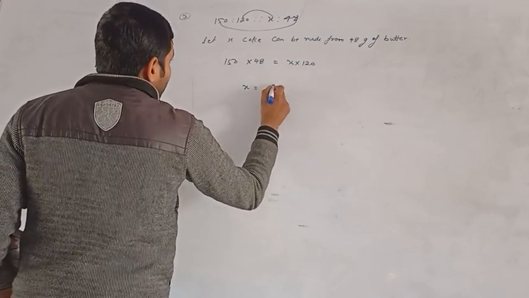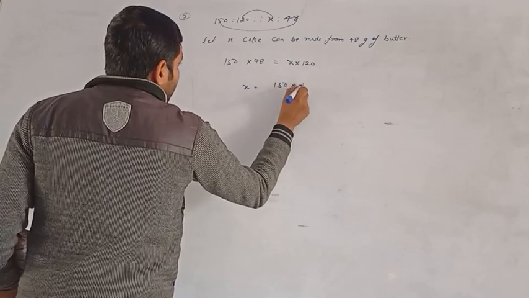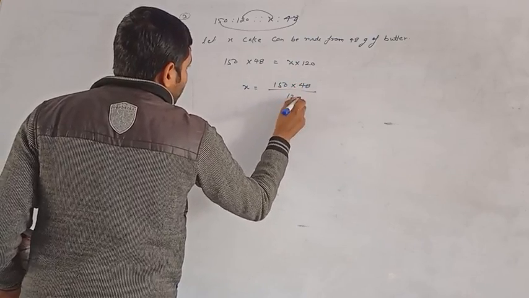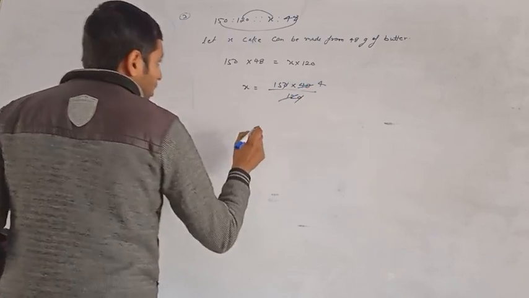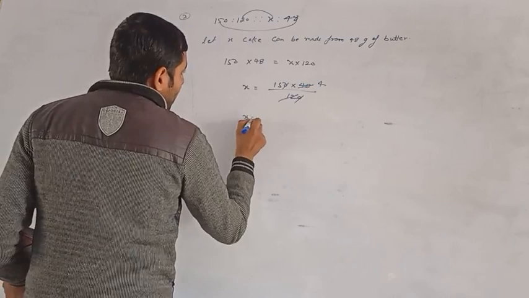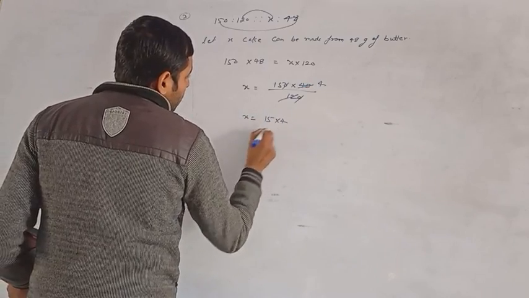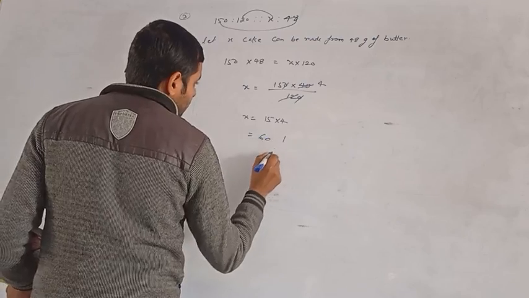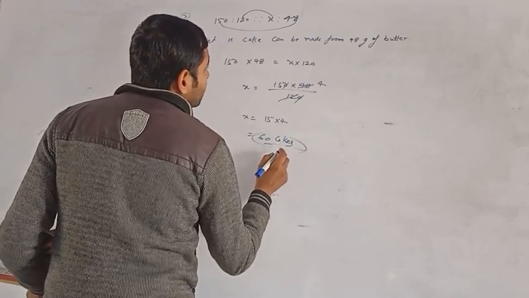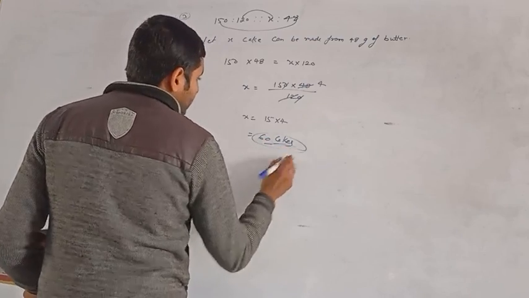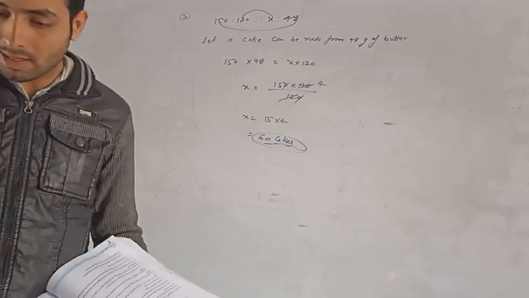Then x is equal to 150 into 48 upon 120. Cancelling the zero, 12 fours are 48. Then x is equal to 15 into 4, which is 60 cakes. So 60 cakes can be made. This is our answer.